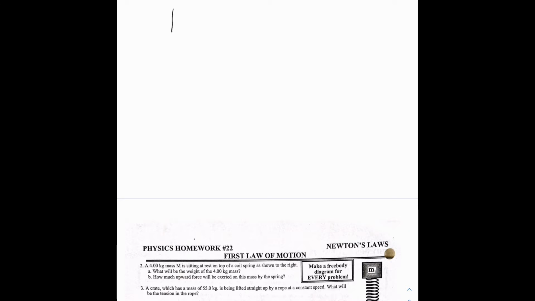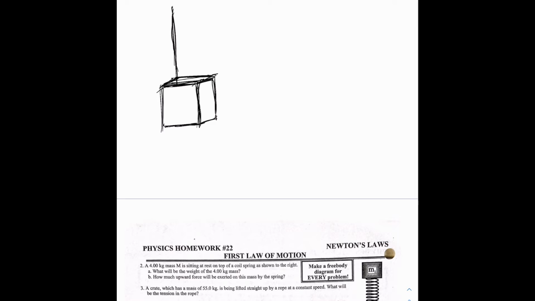So we'll have to talk about what that is. We have a crate attached to a rope. My drawing of a 3-dimensional crate, or 2-dimensional, or however I'm trying to draw this, is not very good. All right, so we got some crate sitting here.